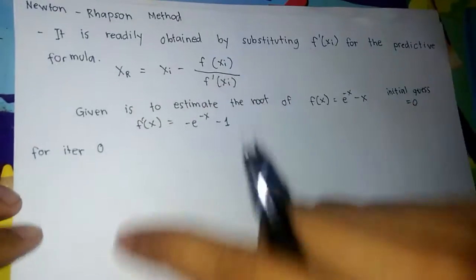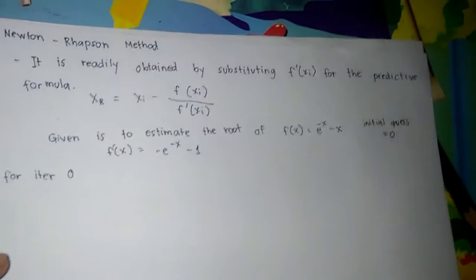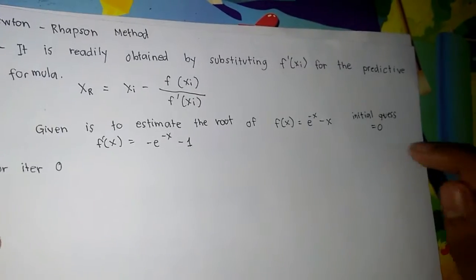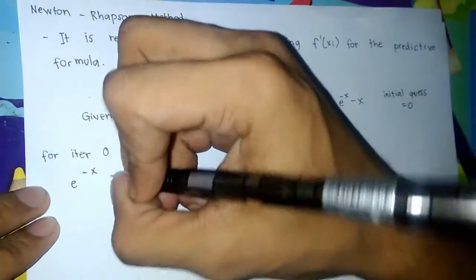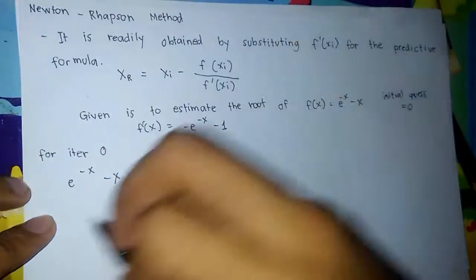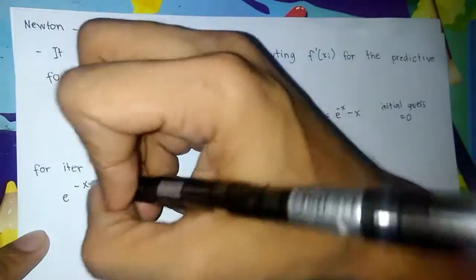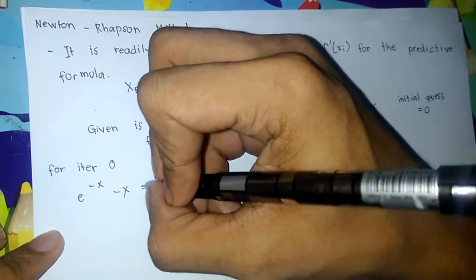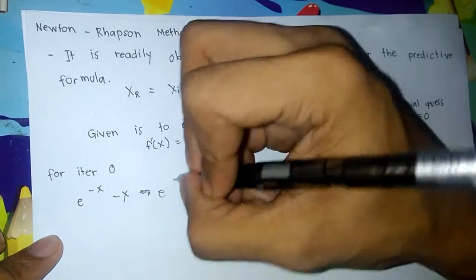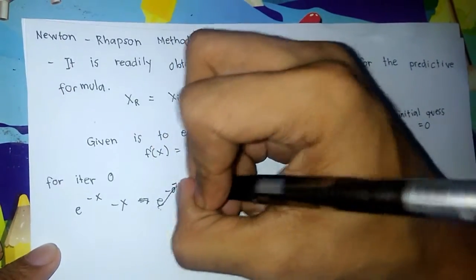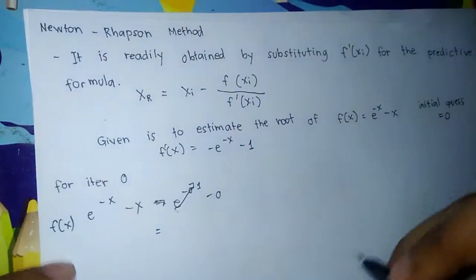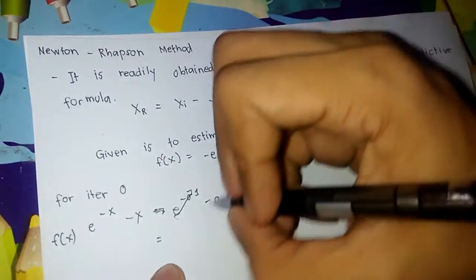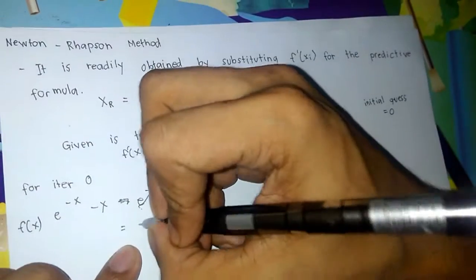For the first iteration, you have to substitute the 0 into e raised to negative x minus x. Substituting, e raised to 0 has a value of 1, minus 0, so f of x has a value of 1.